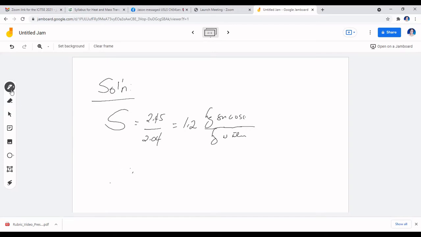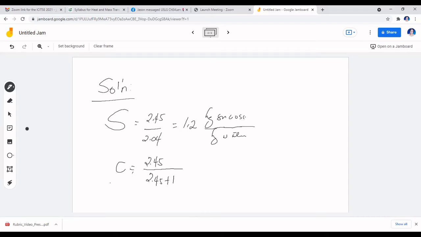Very good. Not only for your C, but you do the same for your C asterisk. So meaning, class, you will find a new C in which you will have 2.45, just like John Albert is suggesting, over 2.45 plus 1.